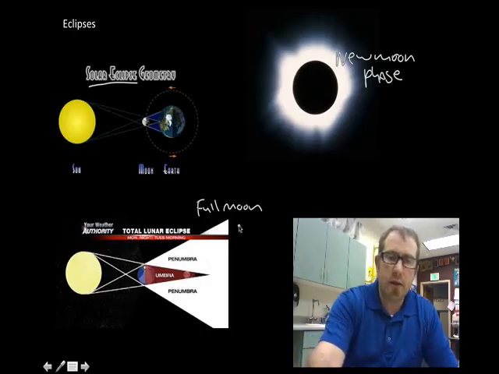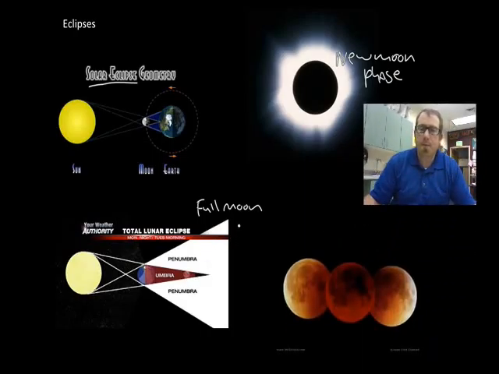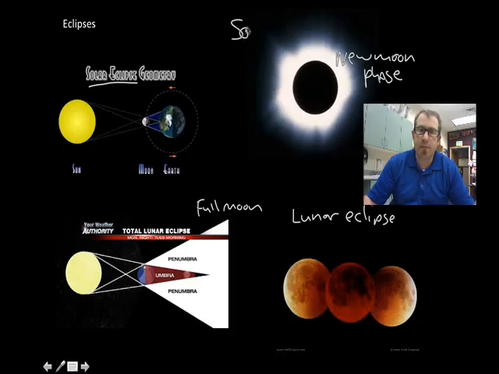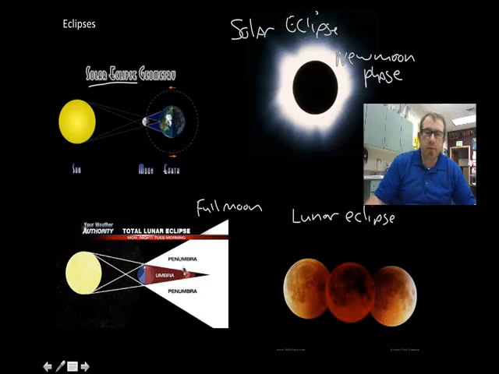Scientists call the eclipse that happens here, where the shadow of the earth is on the moon, a lunar eclipse. And scientists call the eclipse that happens where the moon is eclipsing the sun a solar eclipse.